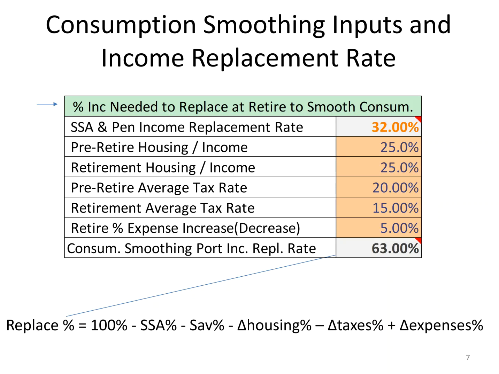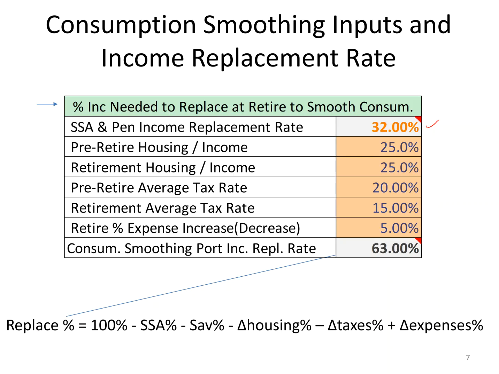However, due to several of these factors, you don't need to actually replace 100% of your income to smooth your consumption. So let's look at one of these points at a time. What if Social Security replaces 32% of your income? In other words, you're making $100,000 before retirement.